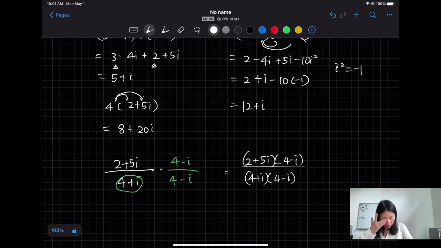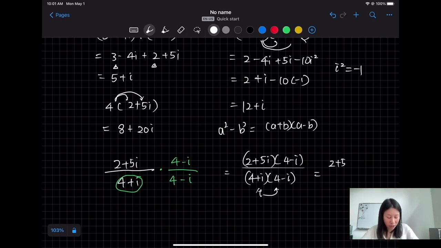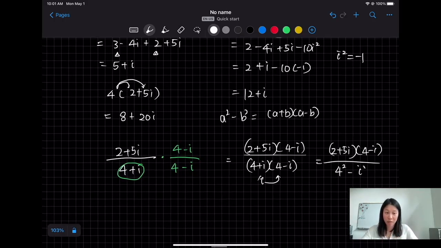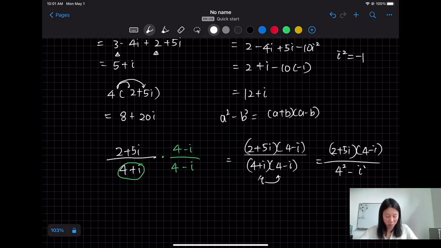Do you remember the difference of squares, which is a squared minus b squared equals a plus b times a minus b? Now we don't need to worry about the top, because you can use FOIL. On the bottom I have 4 squared minus i squared. That makes it a real number.